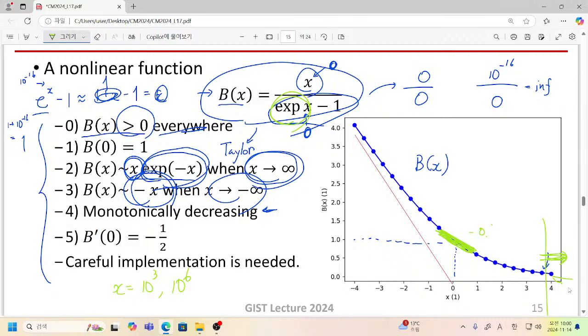And if your input argument is far smaller than a certain sufficiently large negative number in the absolute sense, then please treat it as minus x. So that's the reason why implementation of your Bernoulli function is quite tricky.